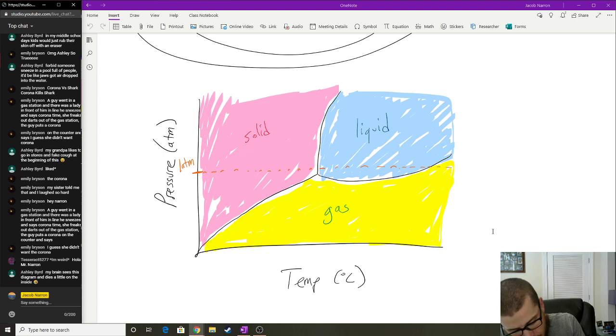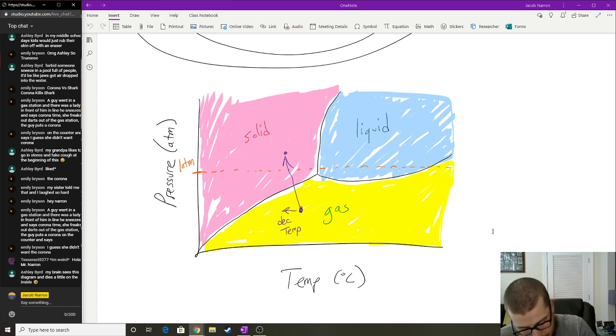So say I start way over here and I end way over here. Can that happen? Yes. If I go from here to here, I'm going to draw my arrow on there and say, I'm starting as a gas, I'm going to a solid. Well, when that happens, gas to solid, notice the two things that are happening. I'm decreasing temperature because look, I'm going to the left.